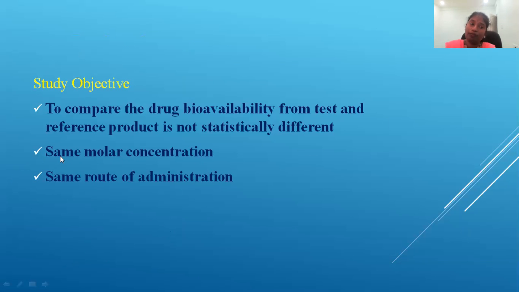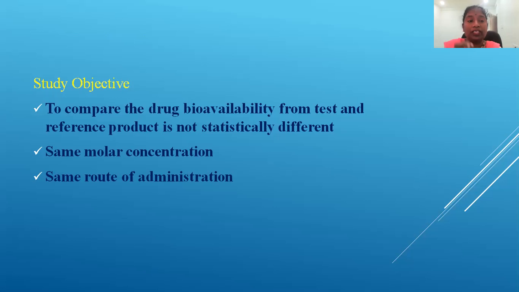Next, the study main objective. What is the study main objective? If you are taking two formulations, a test and a reference, the bioavailability of these two formulations should be compared, and you are saying that both are the same and not statistically different.